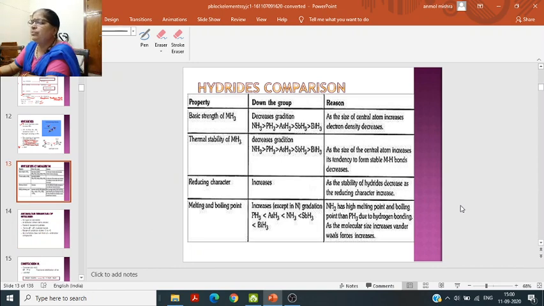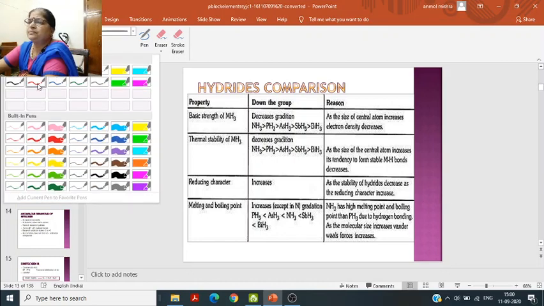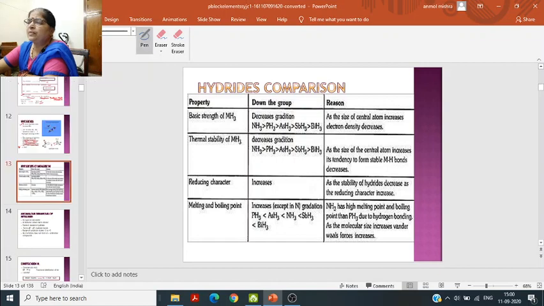Now comparison of the hydrides, that is basic strength. As we move down the group the basic strength decreases. Here the basicity is due to the tendency to donate the lone pair of electrons.